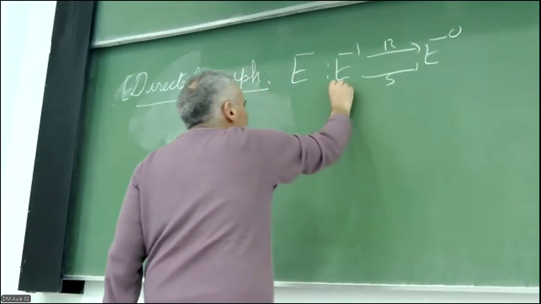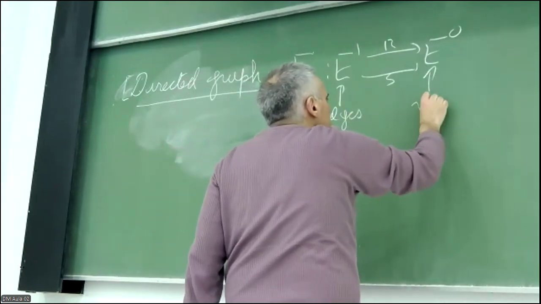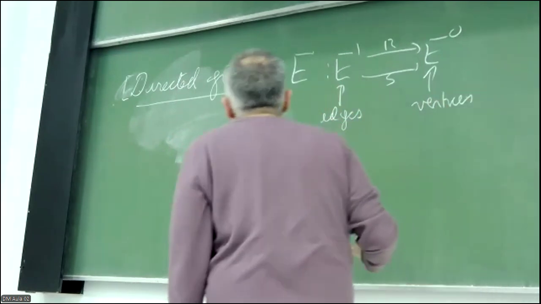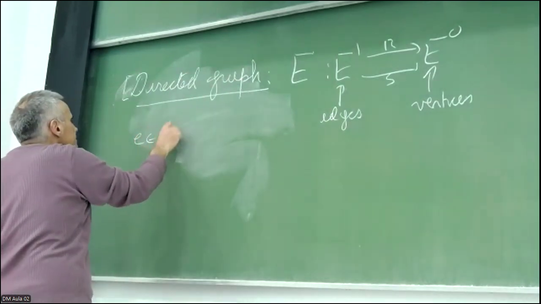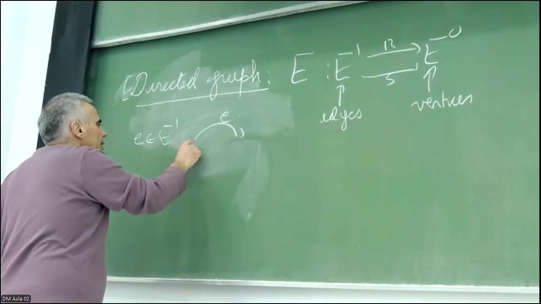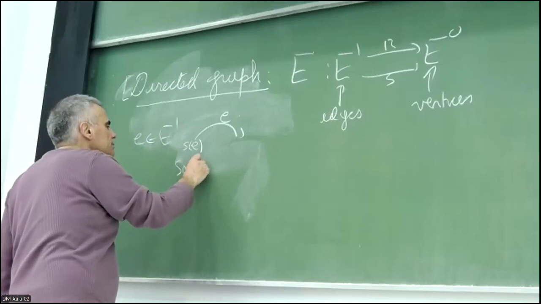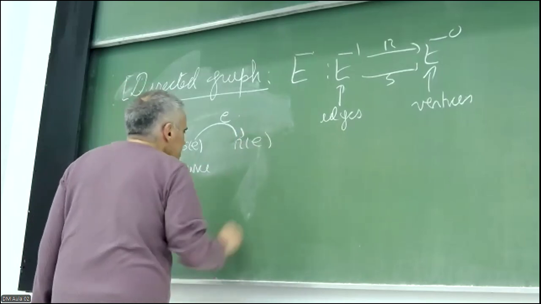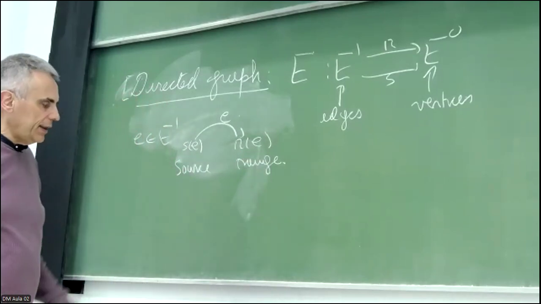The elements of E^1 are called edges. The elements of E^0 are called vertices. And if I have an e in E^1, then I regard it as a little arrow that departs from s(e), which is the source, and lands in r(e), which is the range of the edge e.